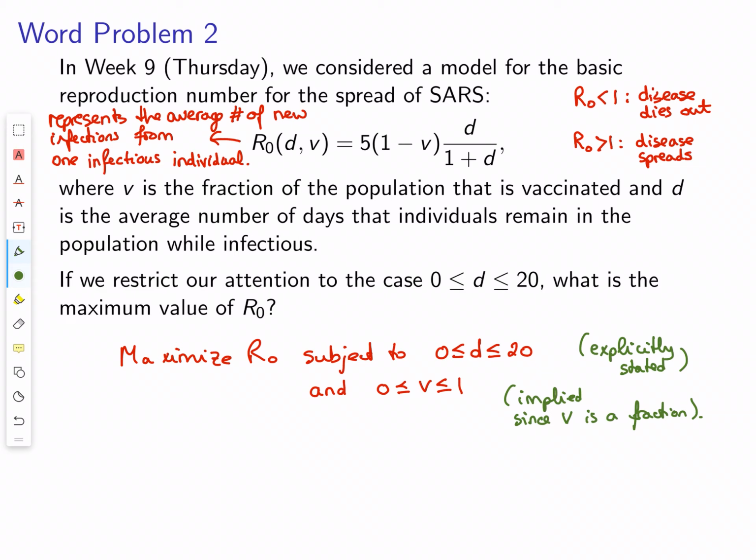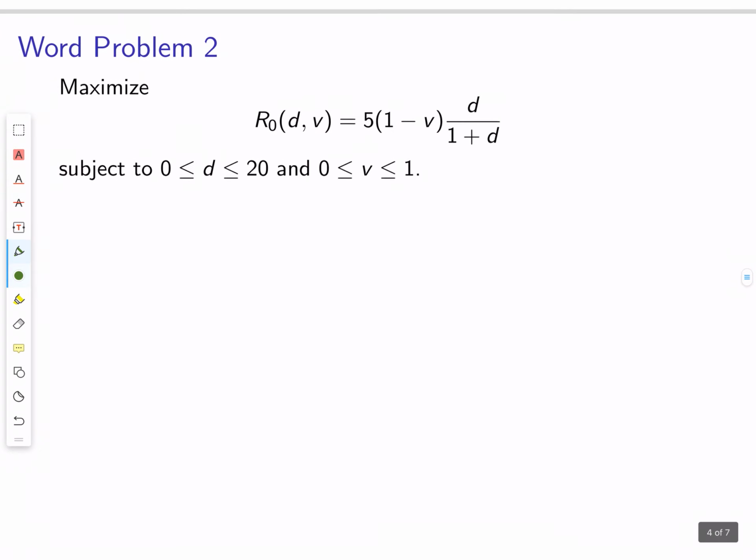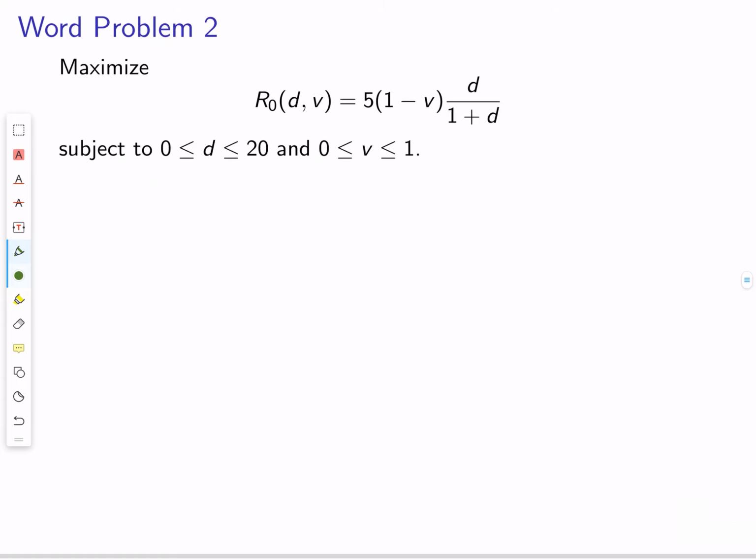Let's go through the two steps for finding the absolute maximum. Here I've written both constraints out: D between 0 and 20 and V between 0 and 1.